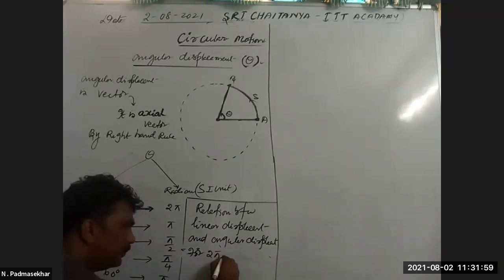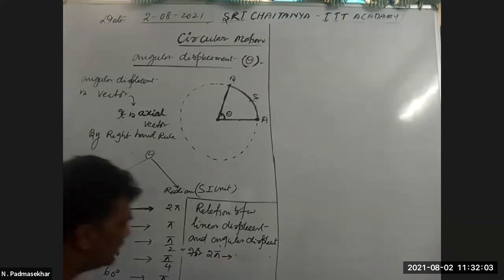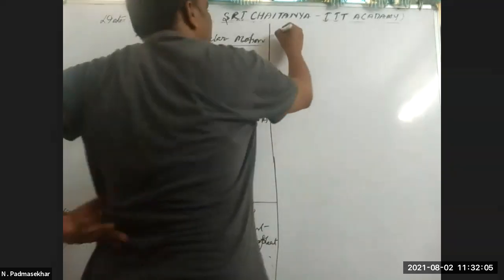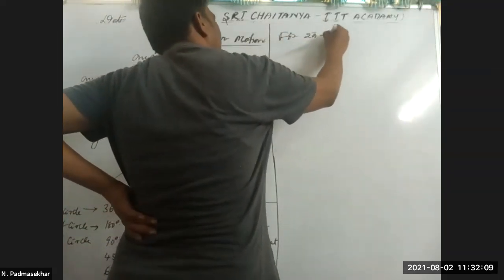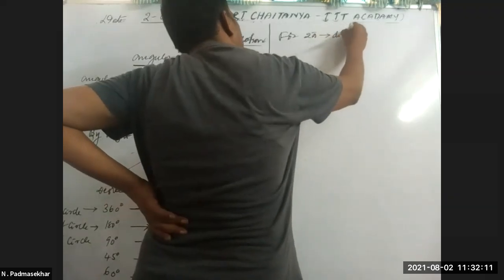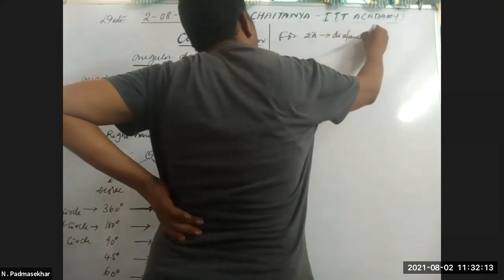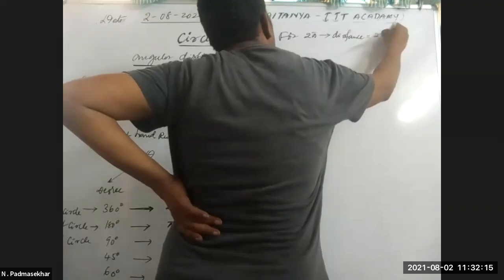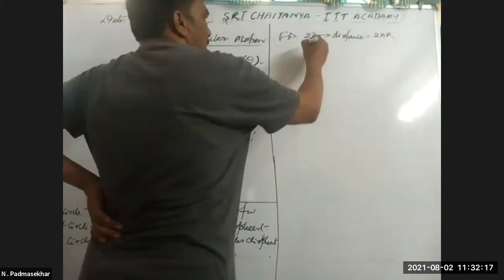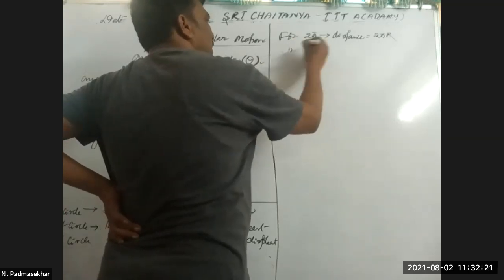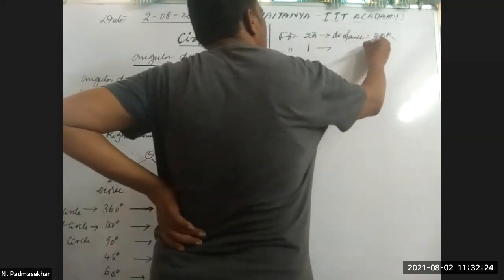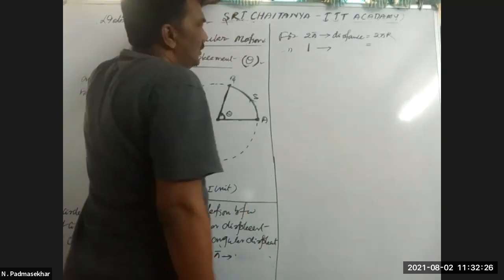For 2 pi, distance traveled is equal to 2 pi r.